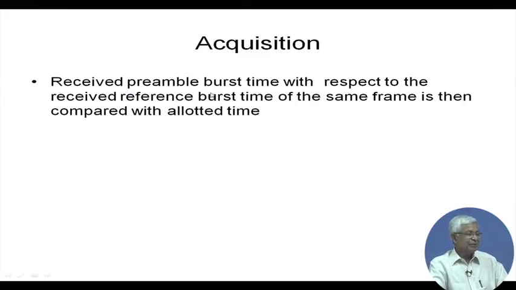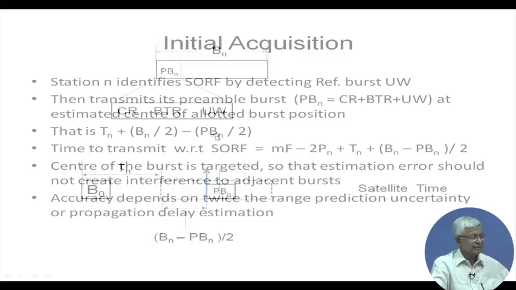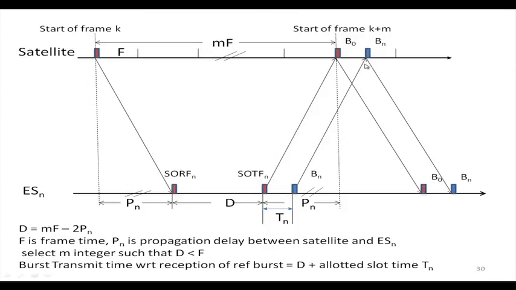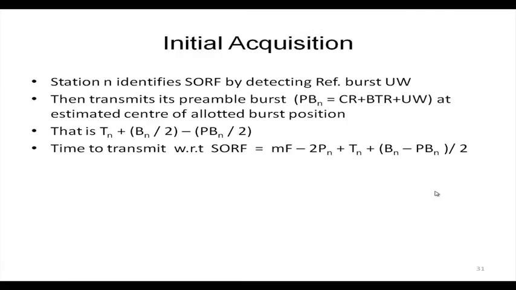Now, the received preamble burst time with respect to the received reference burst time of the same frame is compared with the allotted time. As I said, you transmit and then receive, and you find this difference of time.